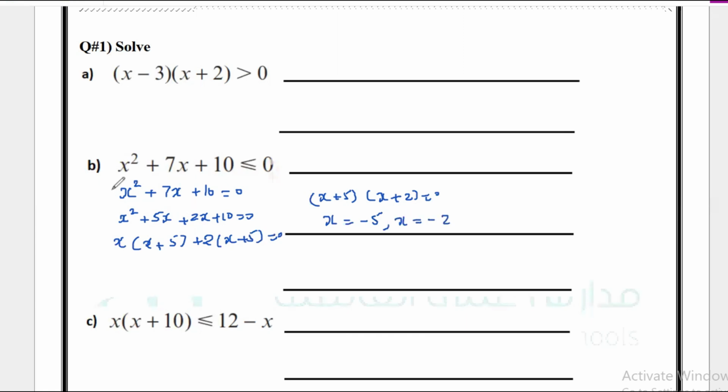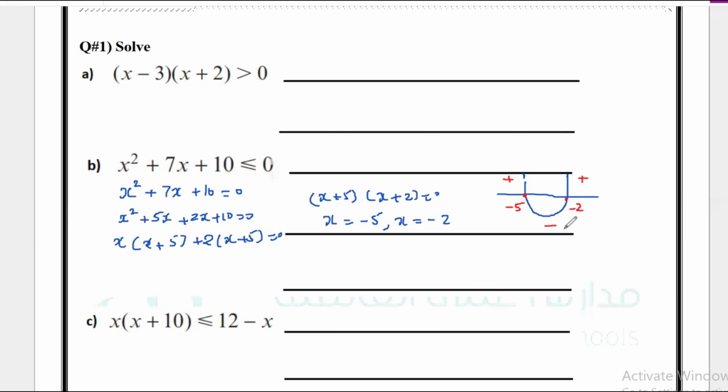Now again, this is a U shape because the coefficient of x squared is 1, which is greater than 0. That means it's a U shape. So if we have a U shape, we can draw the line, and remember the inequality itself says it's a decreasing function. Here we have -5, -2.